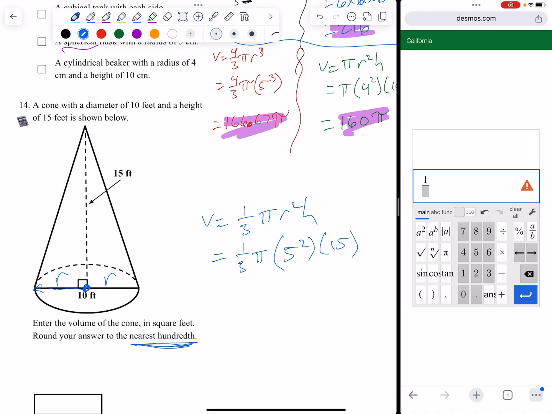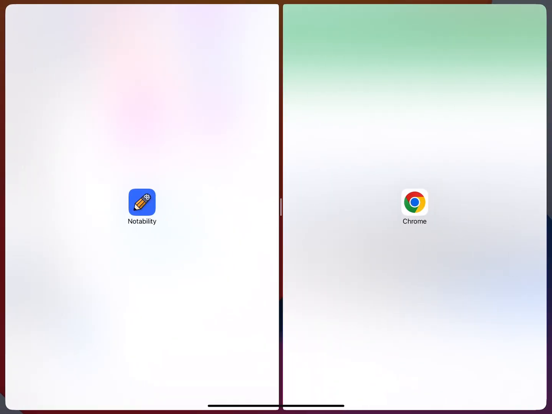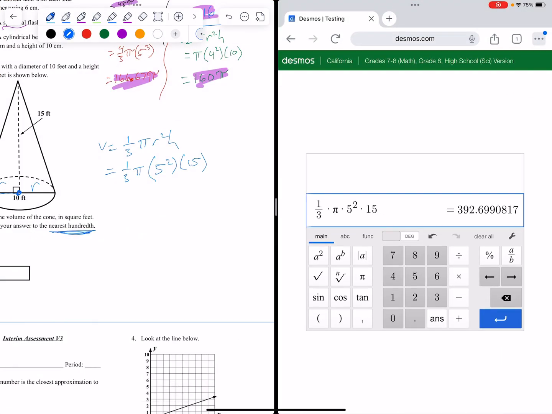So fraction 1/3 times pi times 5 squared times 15, and it's stressing me out because I can't see the whole thing. So does that look exactly the same? 1/3, yes. Pi, yes. 5 squared, yes. 15, yes. So my grand total is 392.6990817.